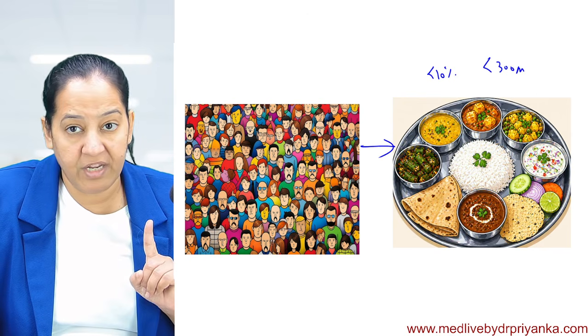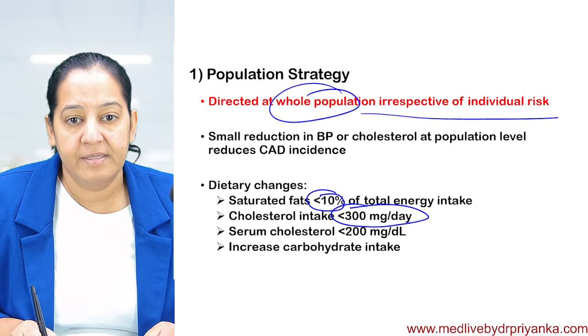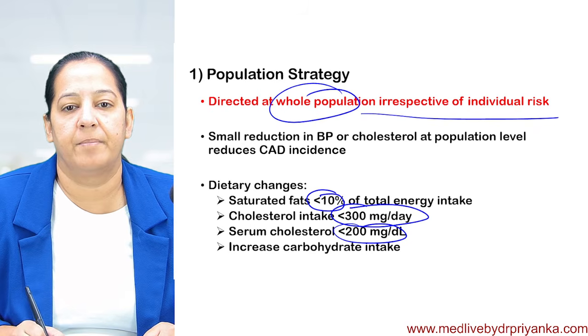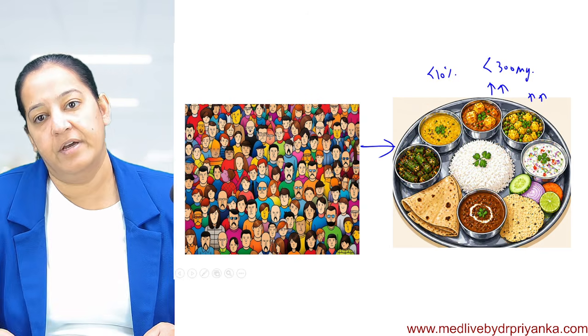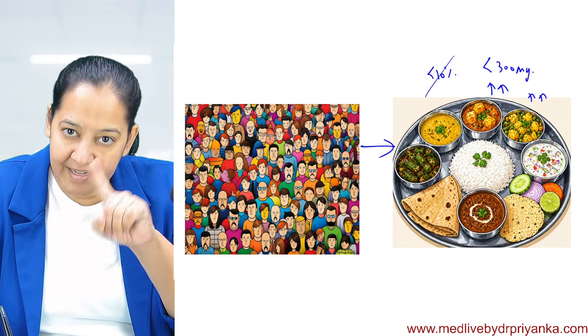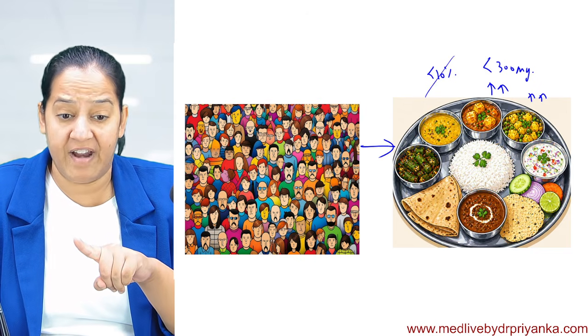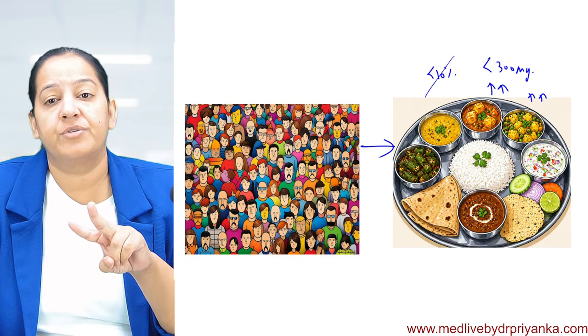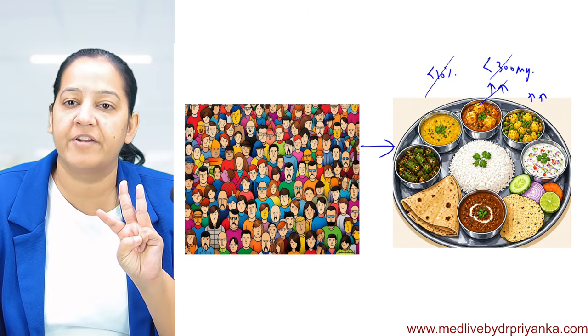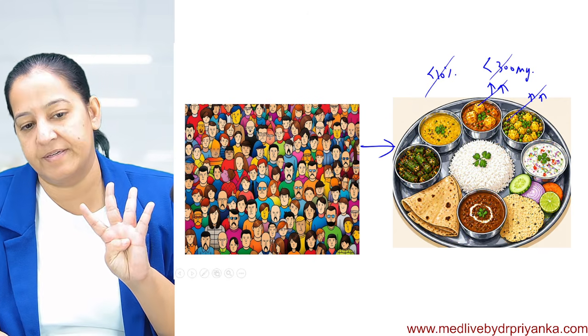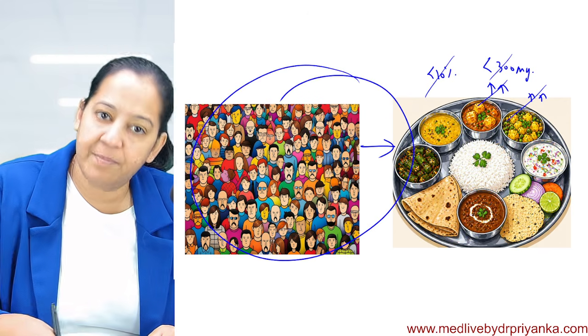Serum cholesterol should be less than 200 milligram. There should be more carbohydrate and more fiber intake in the diet. So we encourage the complete population to take a diet with less than 10% saturated fats, less than 300 milligram of cholesterol per day, and increased carbohydrate and dietary fiber.